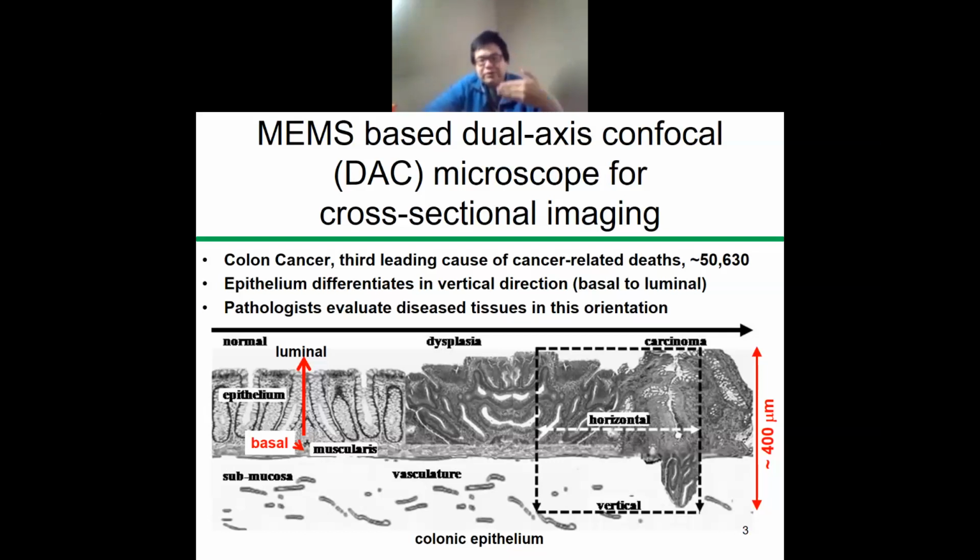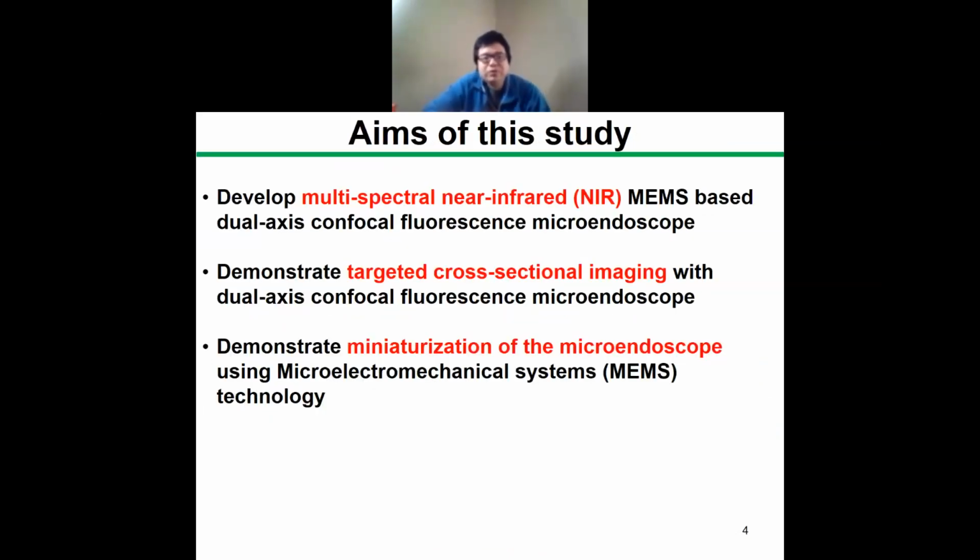And it would be great if you can directly visualize the vertical cross-section, compared to the horizontal one provided by the conventional microscope. So with this goal, we try to develop the multispectral near-infrared MEMS-based confocal fluorescence microscope. The reason we use infrared is that its penetration is deeper compared to the visible range.